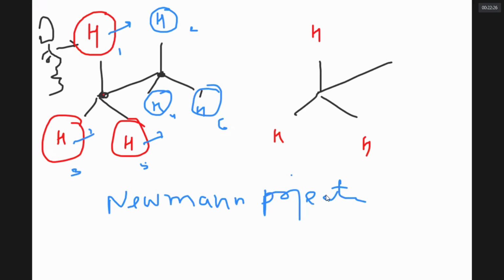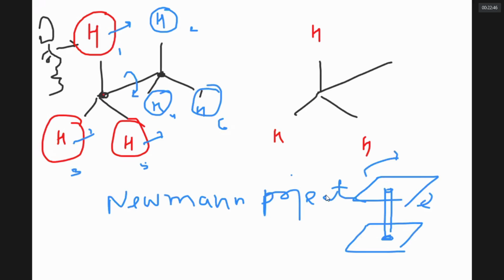Yes, sir. Now, whenever 2 carbons are linked by a single bond, the C-C bond can rotate. Like if you have a plank like this, and another plank like this, both connected by a loosely bound nail, you can rotate the second plank. Can you rotate or not? Yes, sir.